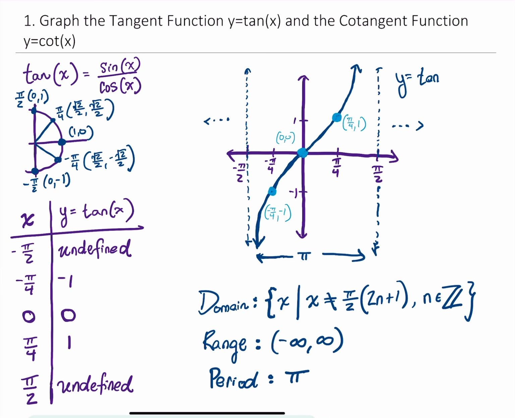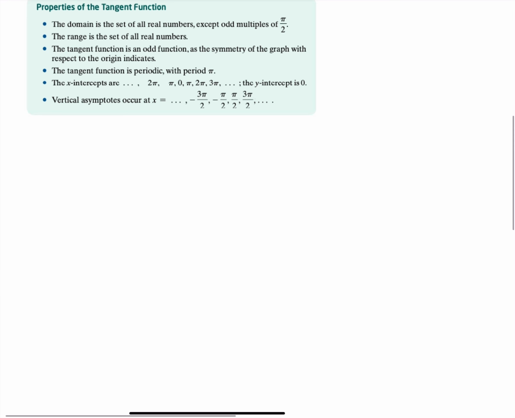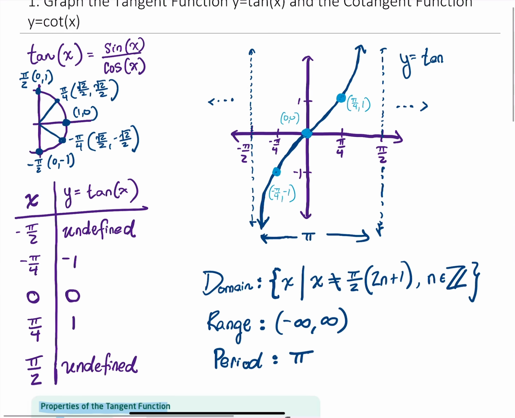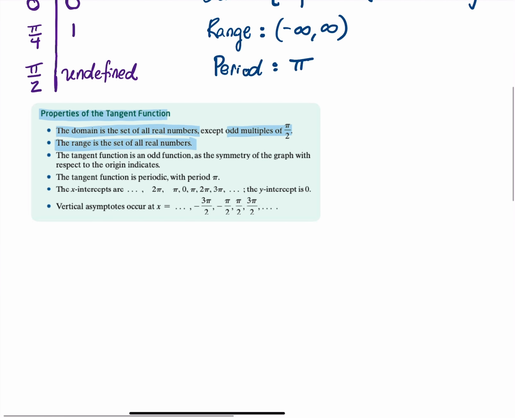So I think we get a little summary description for the tangent. Domain is the set of all real numbers except odd multiples of pi over 2. Range is all real numbers. It has odd symmetry, if you imagine it being symmetrical with respect to the origin. It's periodic with period pi.